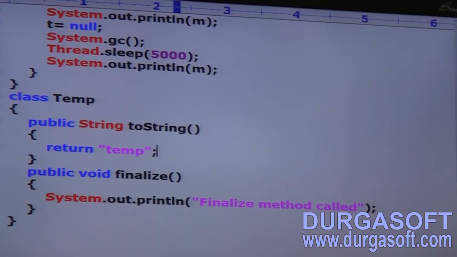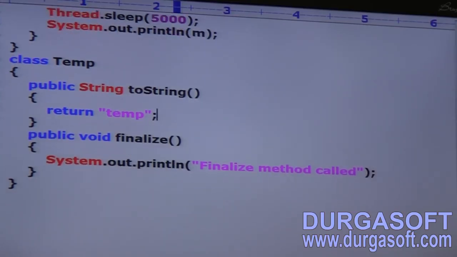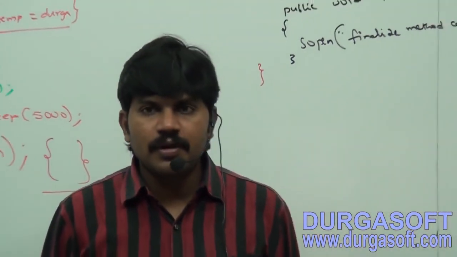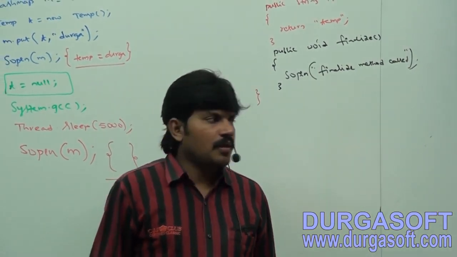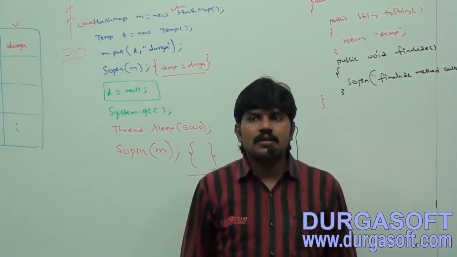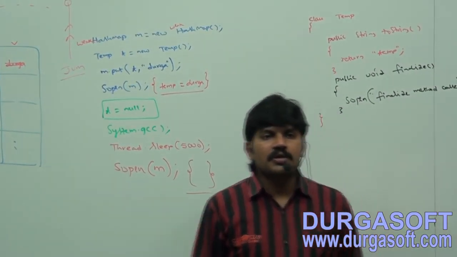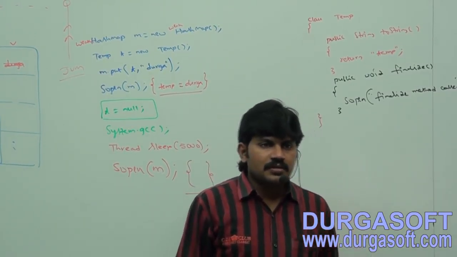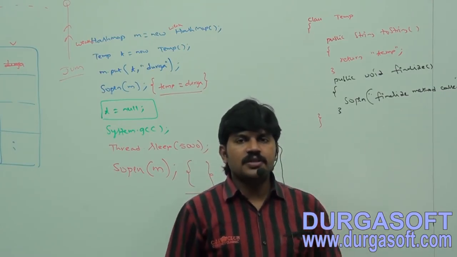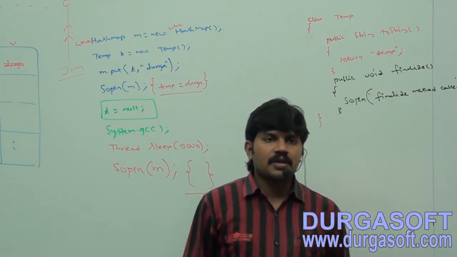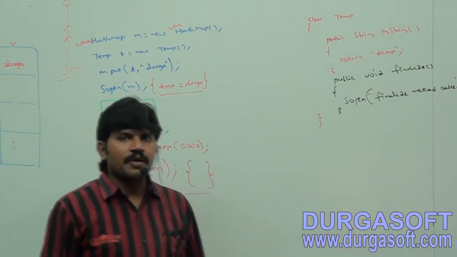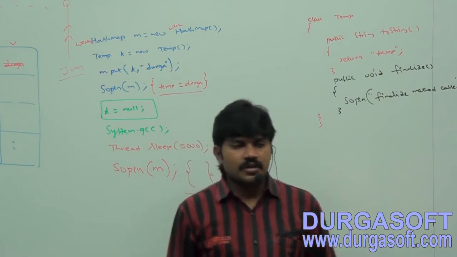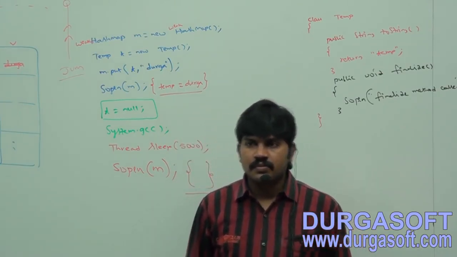I hope that's completed, right? In theory, in the above example, the temp object is not eligible for GC, because it is associated with a hash map.